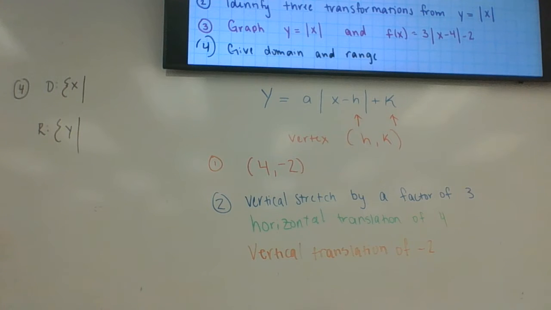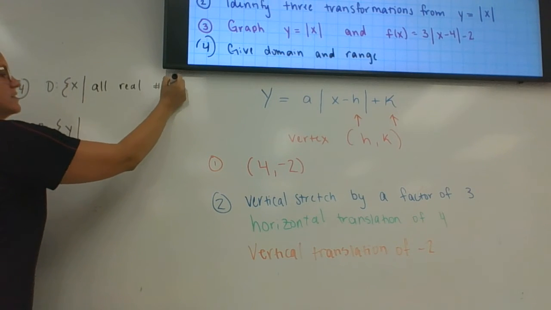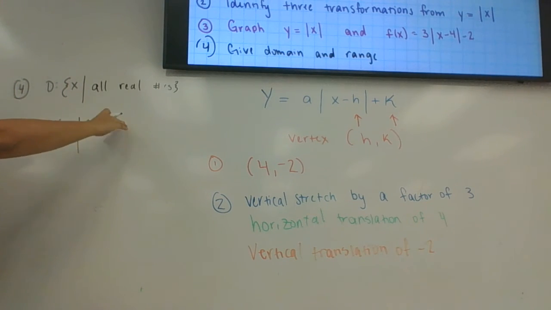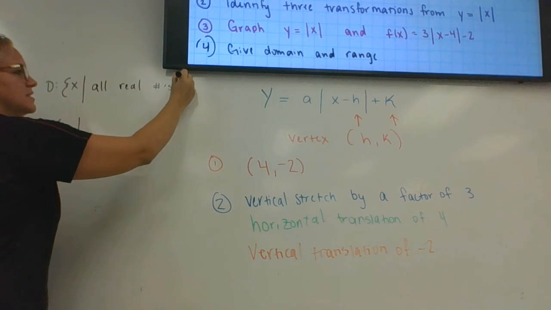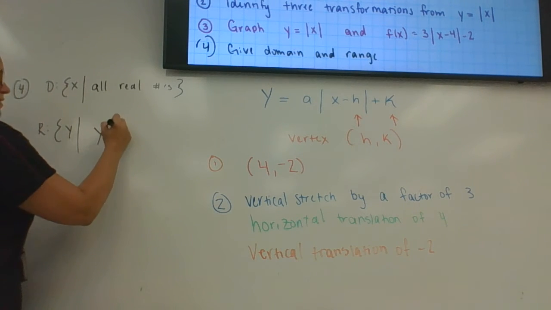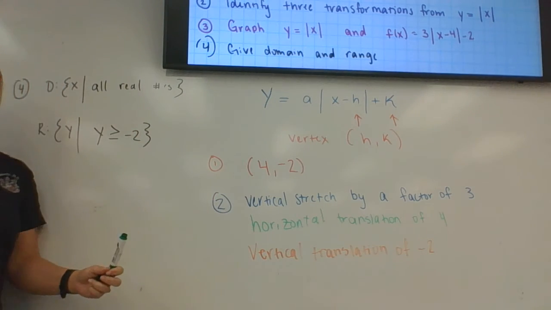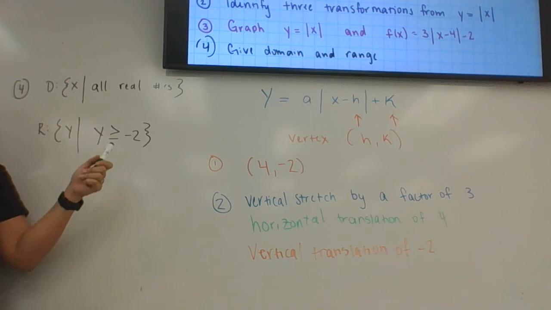Even when it's narrow, the domain's always the same. It's always all real numbers. So I will ask you domain and range for this V shape. It's always all real numbers for domain. And the range: y greater than or equal to -2. So whatever the k value is, that's the range. And if the arrows go up, it's y greater. If the arrows go down, it's y less than.